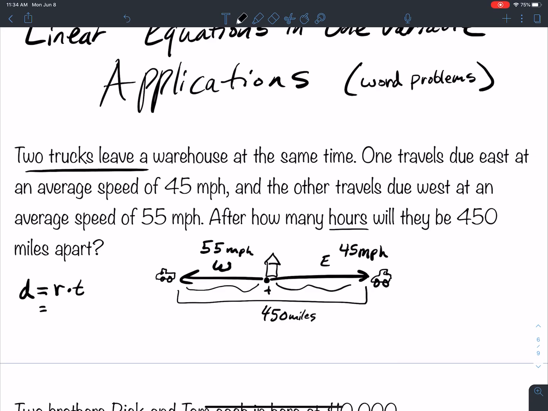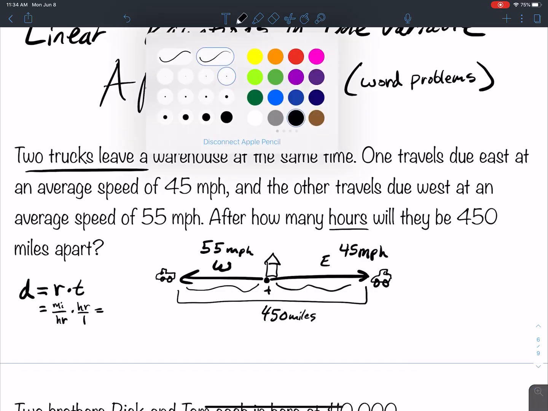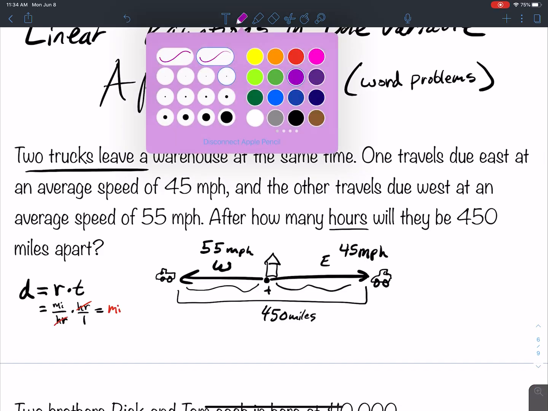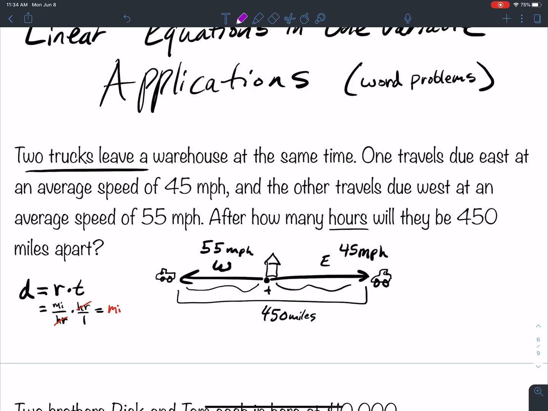My rate is in miles per hour, my time is in hours, and my distance unit is miles.